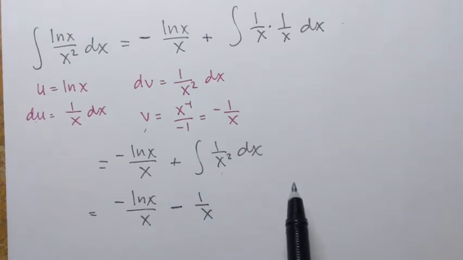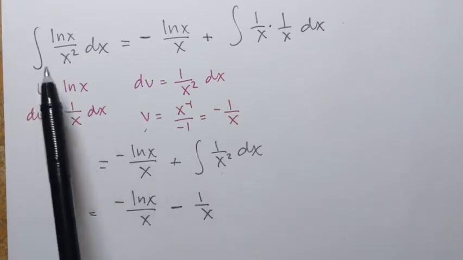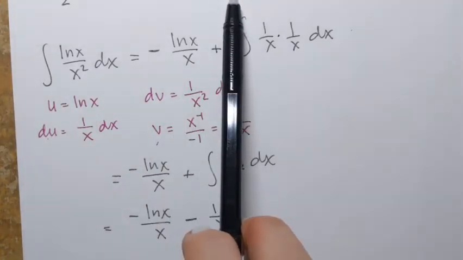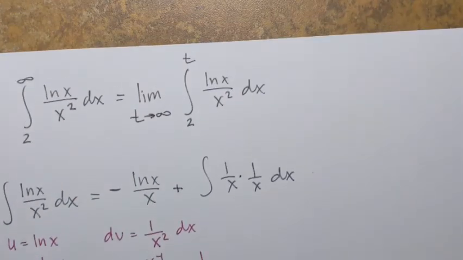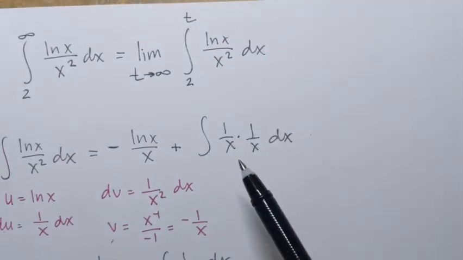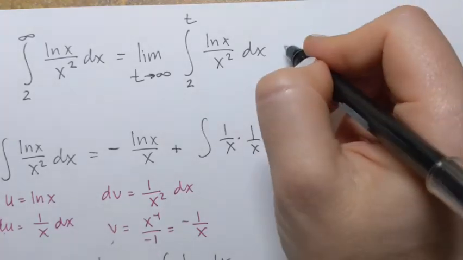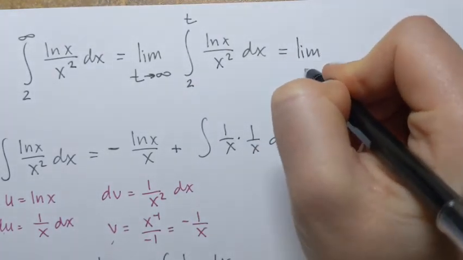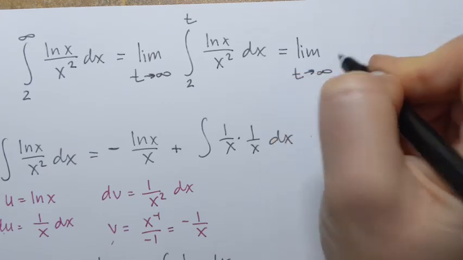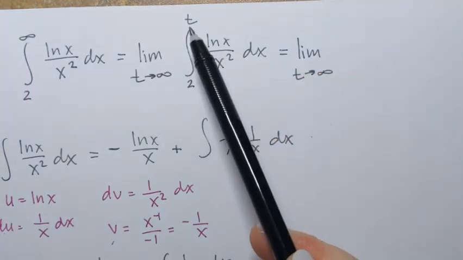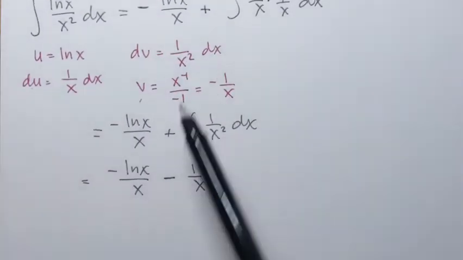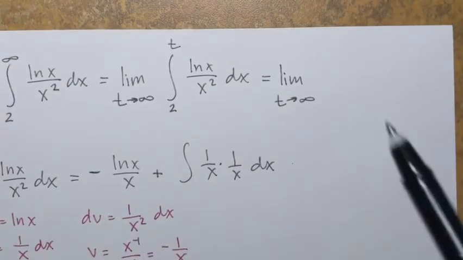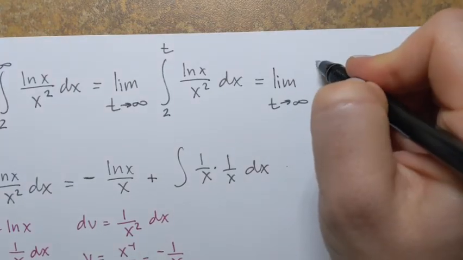Okay, so that's the result of the integration, but now we have to apply the limits. So from 2 to t, we have to evaluate from 2 to t. I'm going to write the limit as t approaches infinity, and I am plugging in t and then 2 in this result. It's like I'm not going to have space for that.